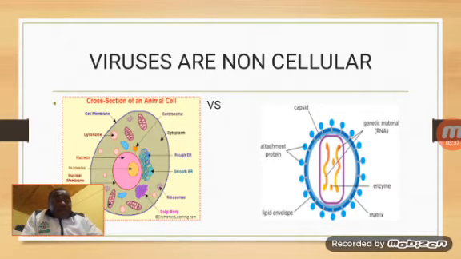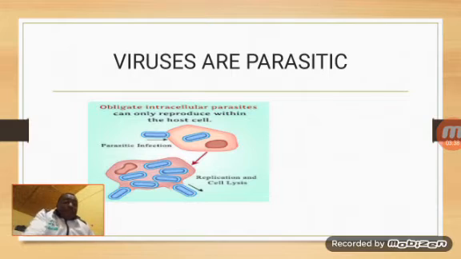Viruses are also said to be parasitic. By parasitic, they mean that viruses depend on other organisms or other cells in order to reproduce, because that's the only characteristic a virus carries out.